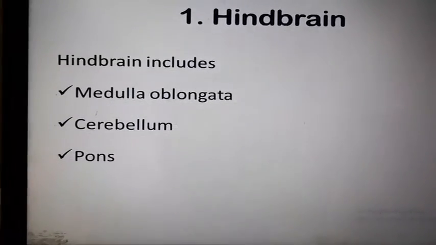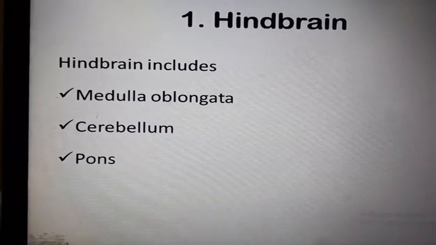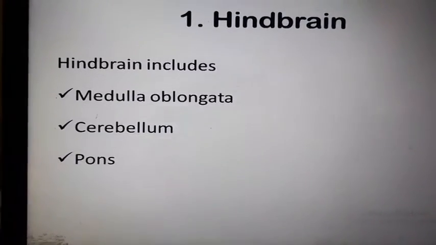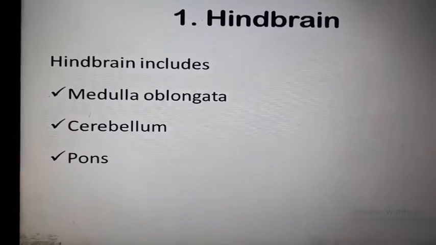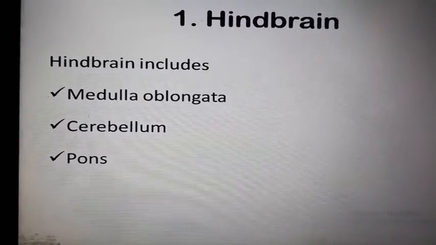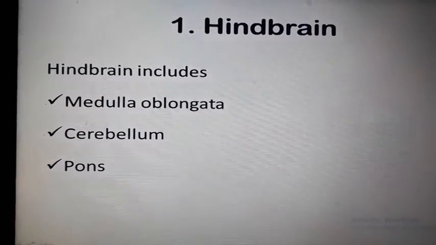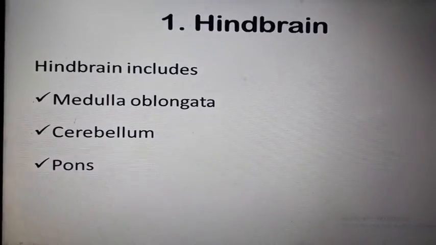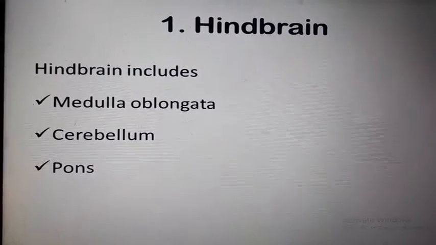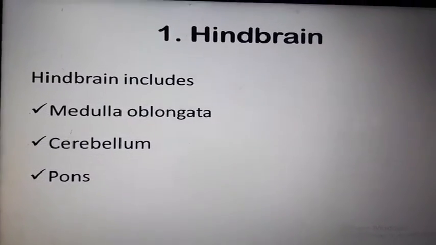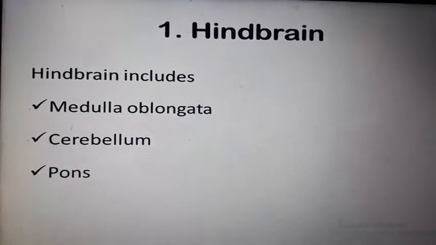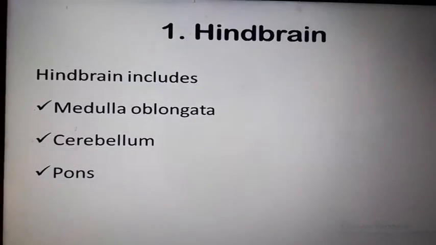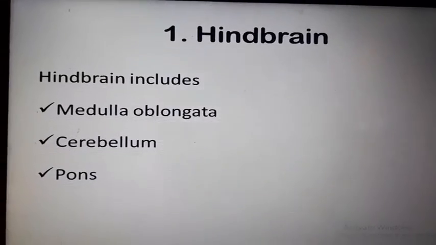The hindbrain is continuous with the spinal cord, and it includes the following parts. First is the medulla oblongata, which is the enlargement where the spinal cord enters the brain. It contains reflex centers for breathing, swallowing, cardiovascular functions and gastric secretions as well.